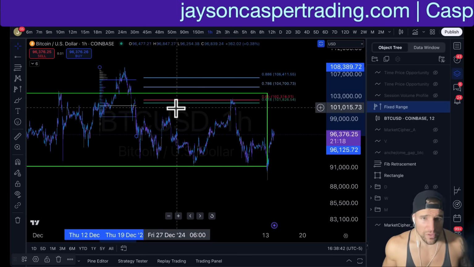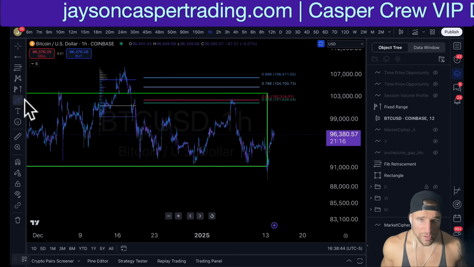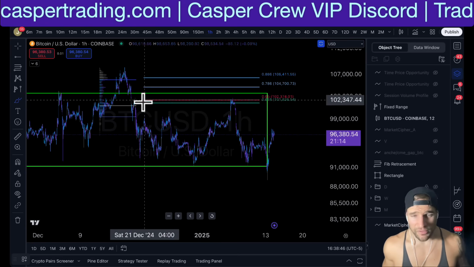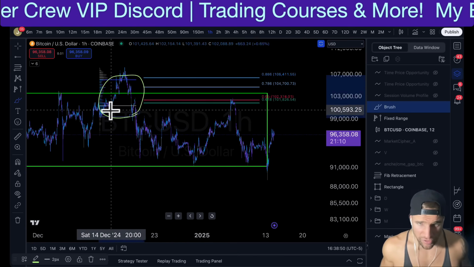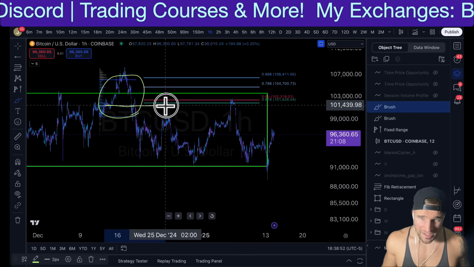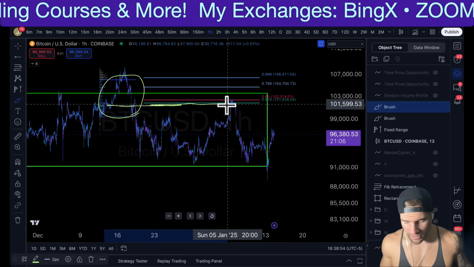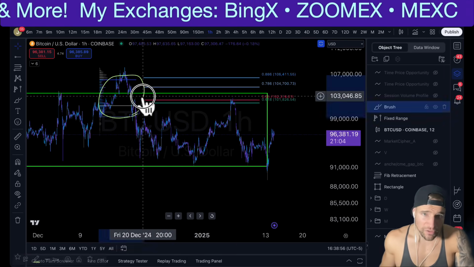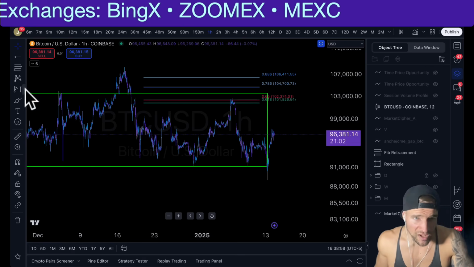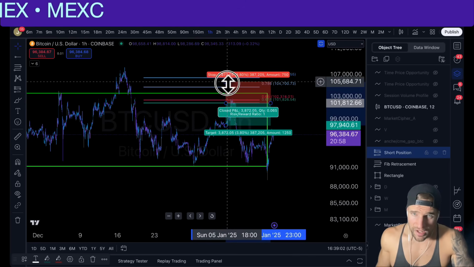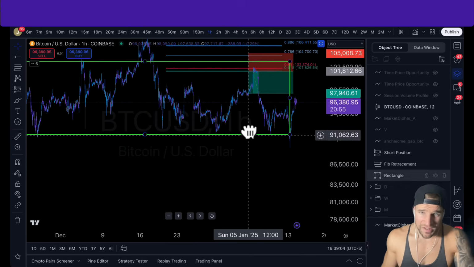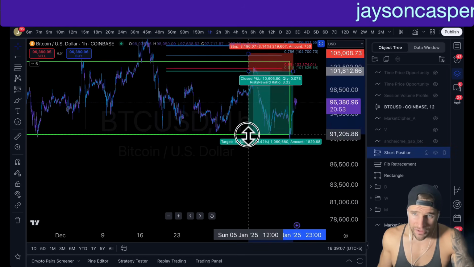Okay, so this is something I do quite often that I didn't really go over in the volume section, but you can look for little chunks of high volume nodes, just like this right here. Like we see this high volume node right here, and you can say, okay, that's a little bit of a confluence there. But in general, you can make your trading plan be this. Because we've changed market structure, I'm going to be looking for a short between the golden pocket and the 786, and my target is going to be down here at the low of the range.